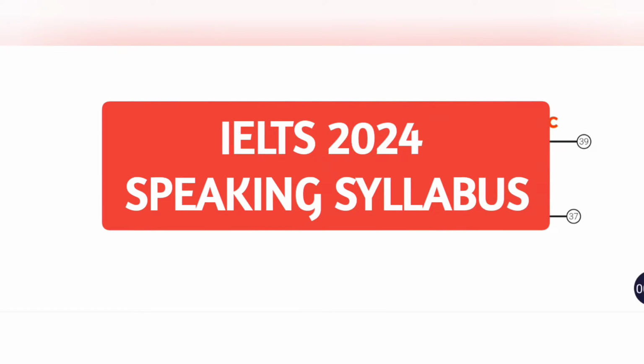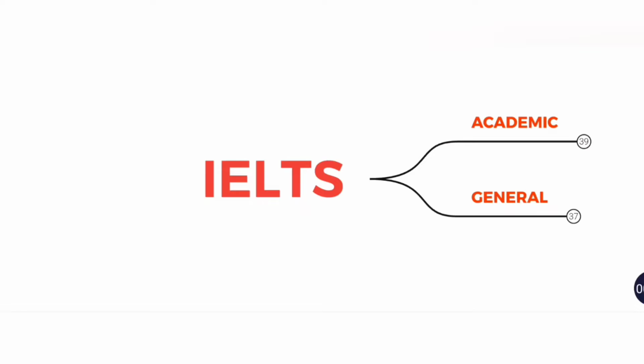IELTS 2024 syllabus. As we all know, the IELTS exam has two different parts. One is IELTS Academic and the other is IELTS General. Now what is the difference? IELTS Academic is taken by students who are planning to pursue their higher education in English speaking countries like Canada, Australia, USA, UK, New Zealand and many more.